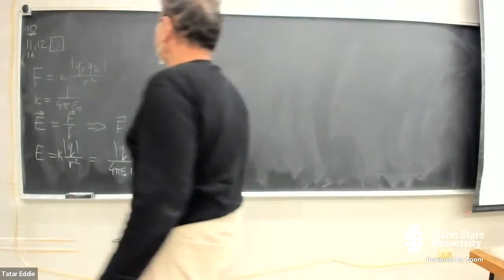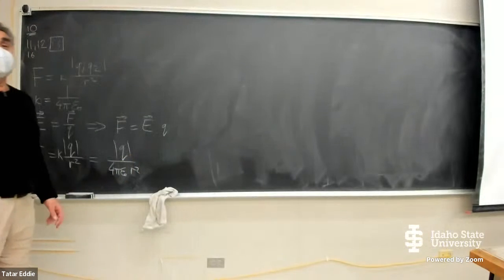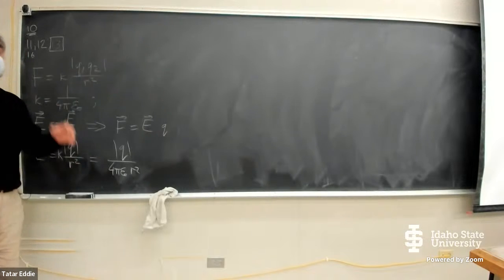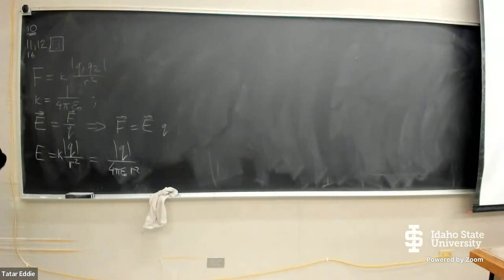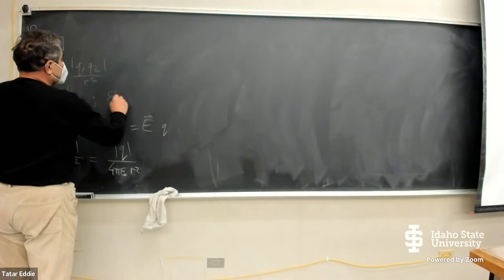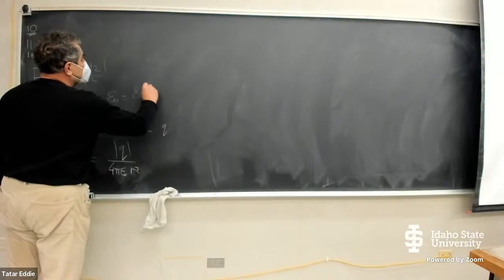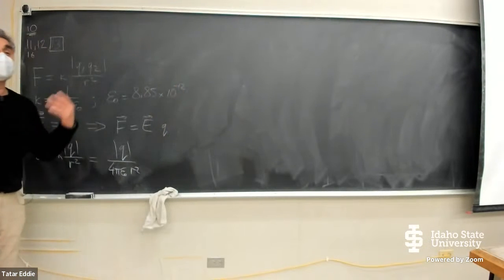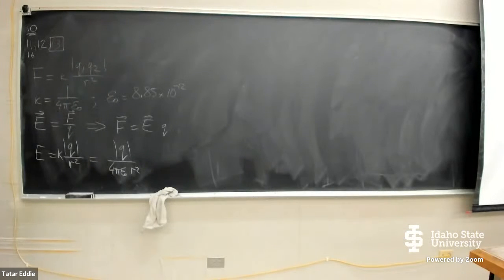Epsilon naught is called the electric permittivity of vacuum, and it is one of the few constants of nature. It has a numerical value of the order of 10 to the negative 12, 10 to the negative 11 SI units.